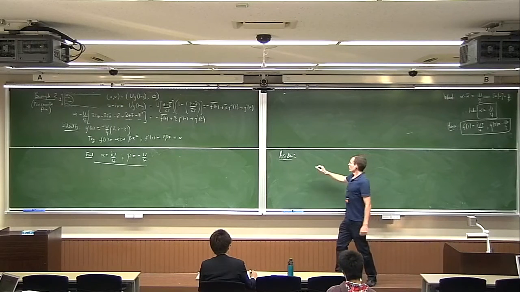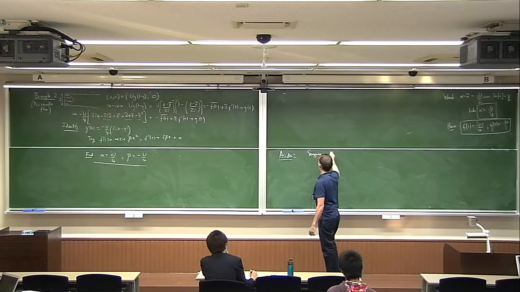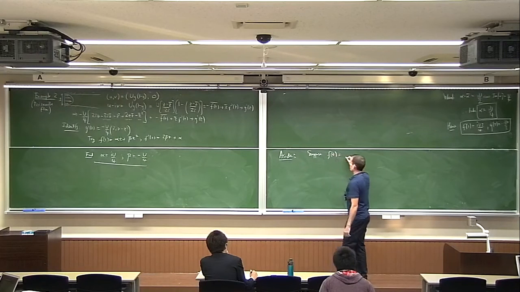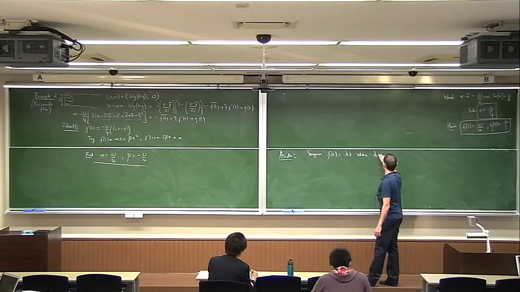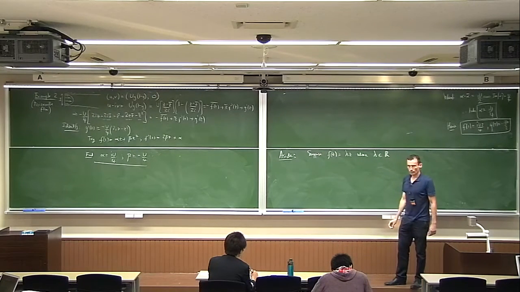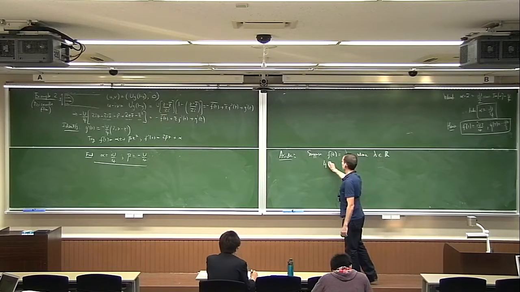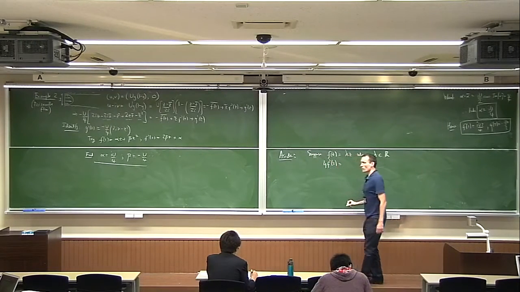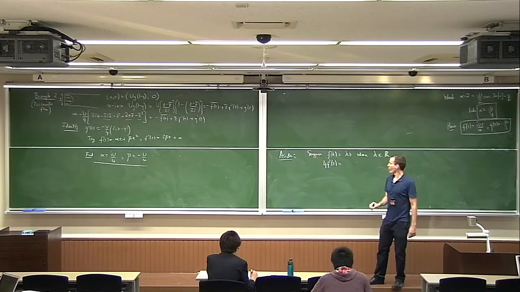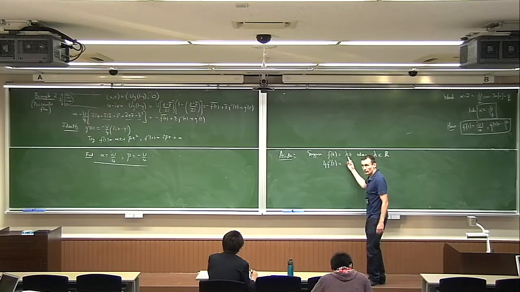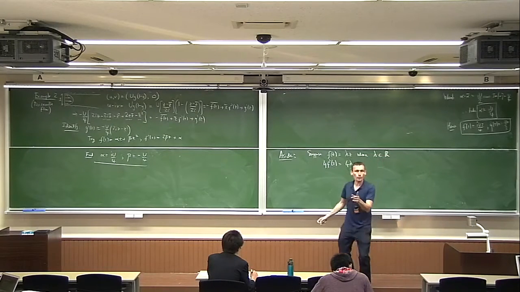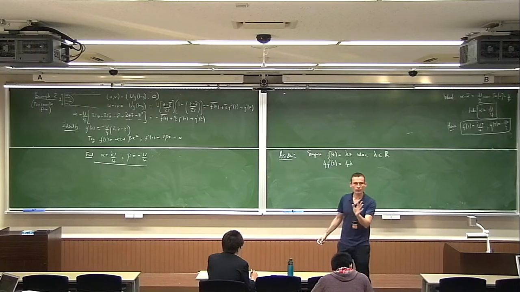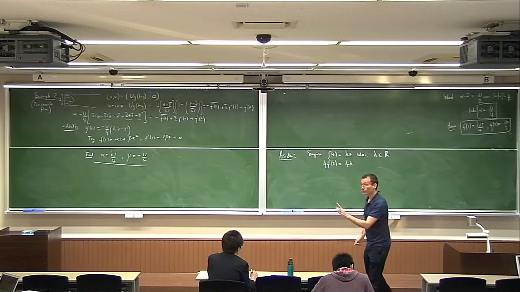Let me just look at the following. Suppose f of z is, what should we call it? Lambda z, where lambda is real. What's f prime? Well, f prime is lambda, so 4f prime is 4 lambda, which is real. Now, what was 4f prime in terms of the physical quantities? Remember?